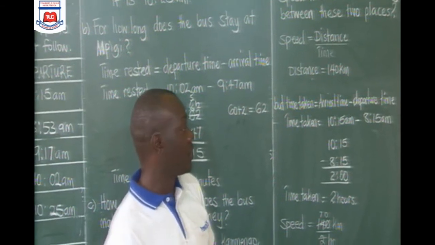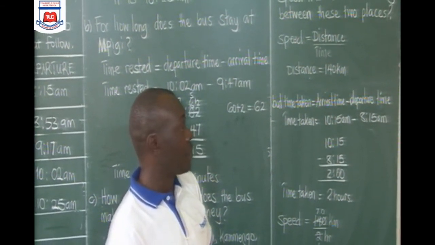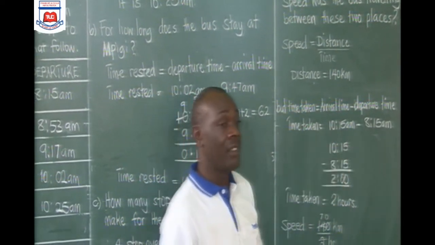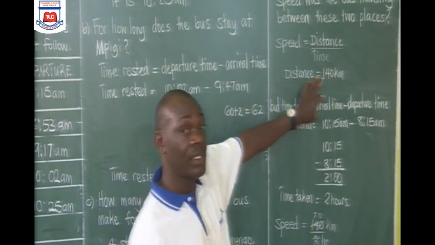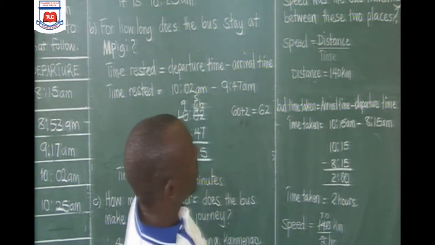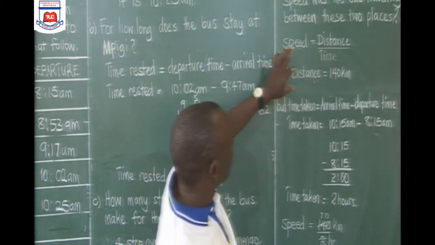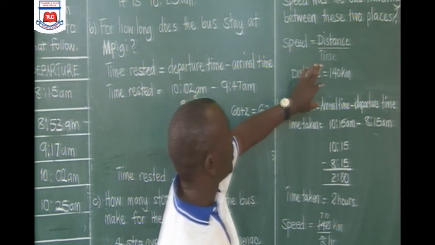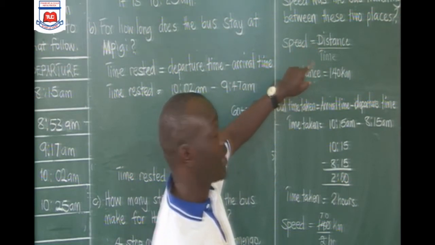Remember, the question before, they asked for time rested, which is got by subtracting arrival time from departure time. That is departure time minus arrival time. Whereas when you're connecting between 2 places, time taken is equal to arrival time minus departure time. Now ask yourself, where does the bus arrive of the 2 places? That's Kayabwe and Katende. Where one is going is where one arrives.